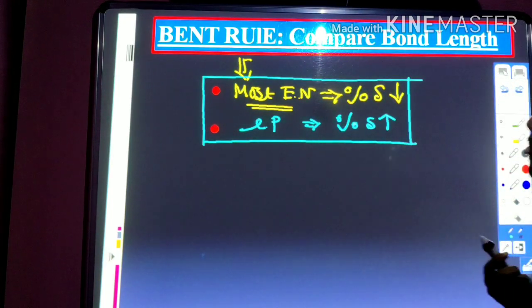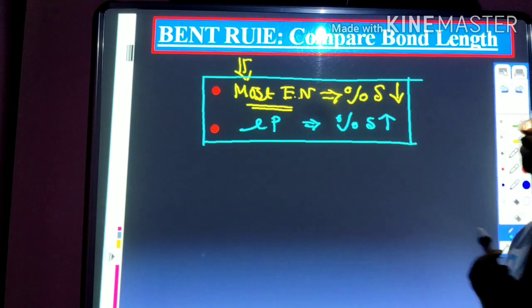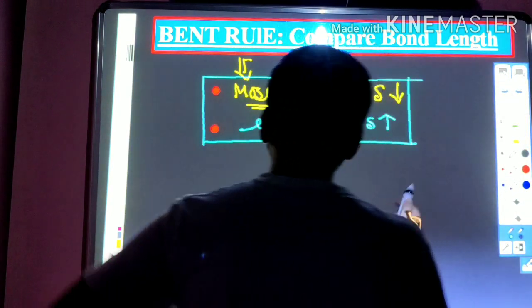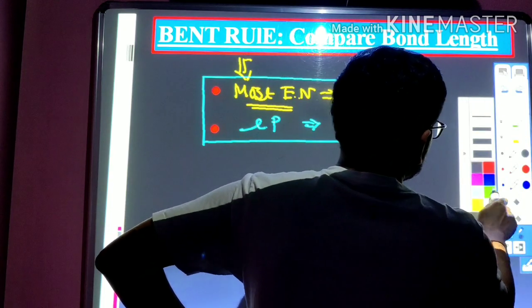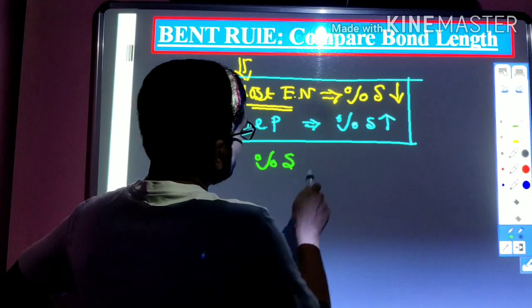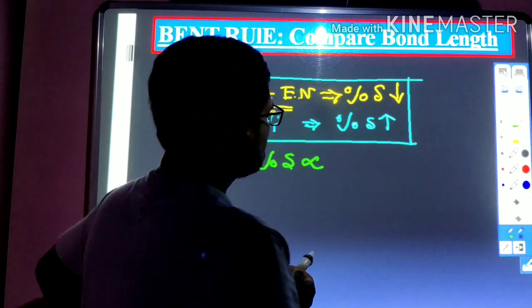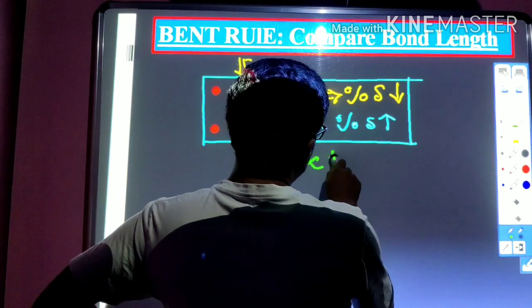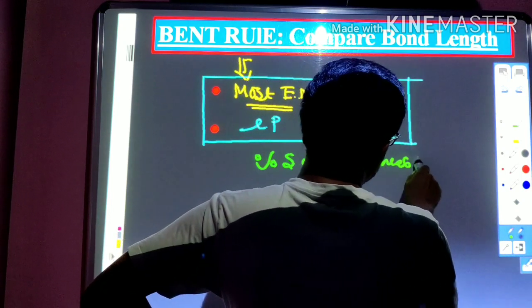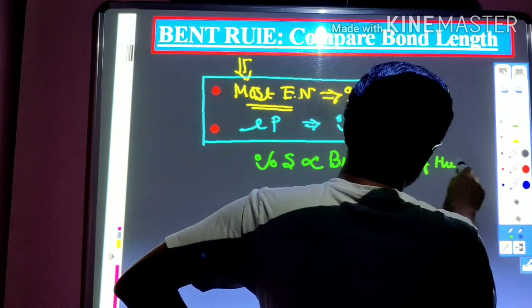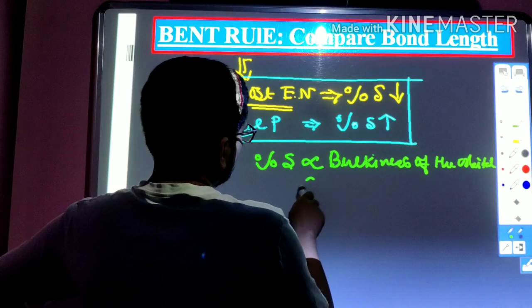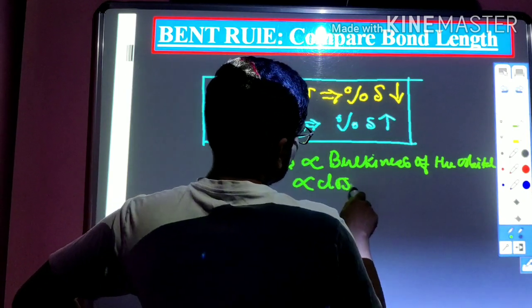Okay, no problem. Now, the percentage of s character is proportional to the bulkiness of the orbital, the closeness to the nucleus.